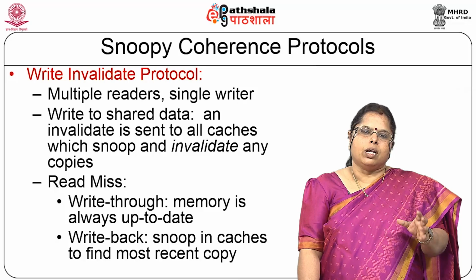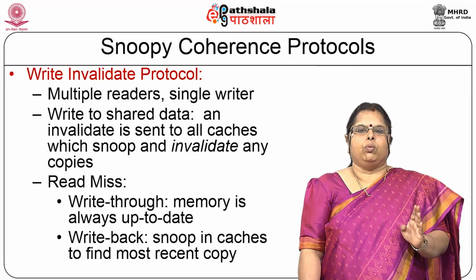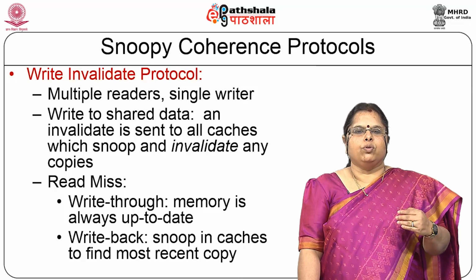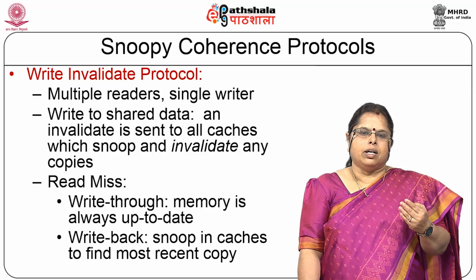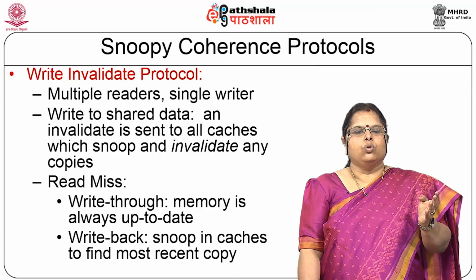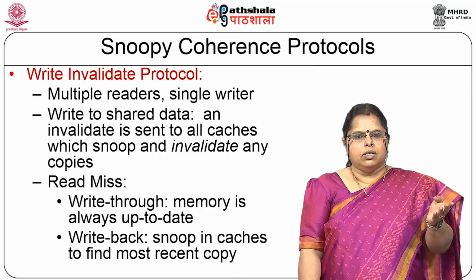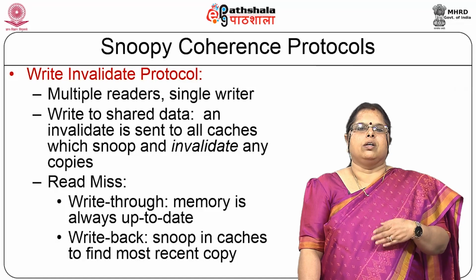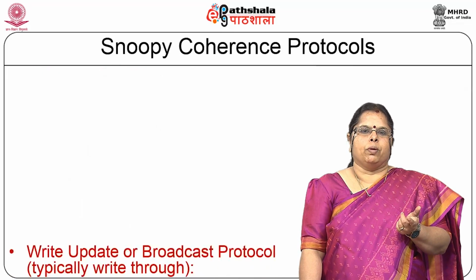Because if you use a write through protocol, anyway it is going to be updated in memory. So, you can always read it in memory. Whereas, if you use a write back, an invalidate protocol, it basically does a write back because the copies have been invalidated here. So, when somebody requests for a data, the recent data will have to be given back, which is again done by means of snooping.